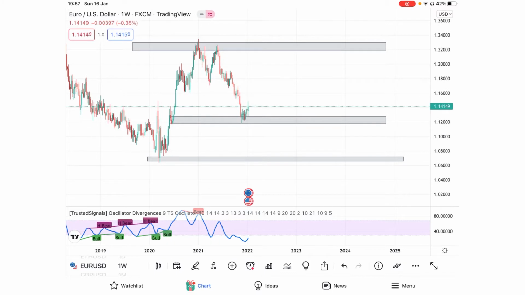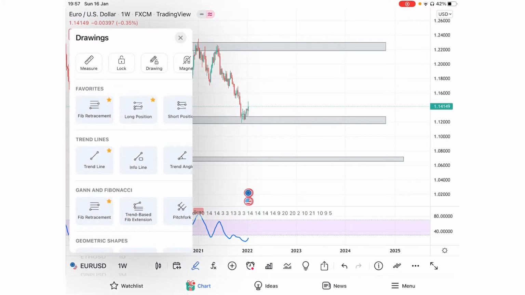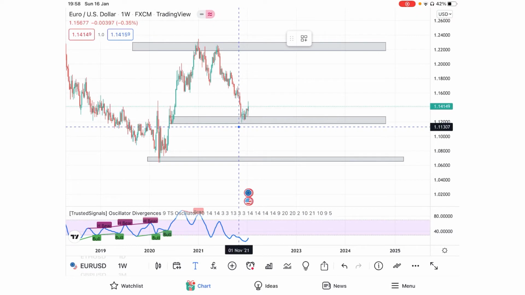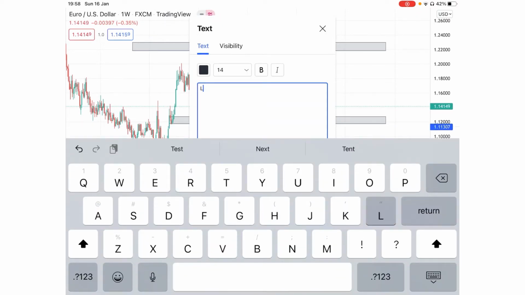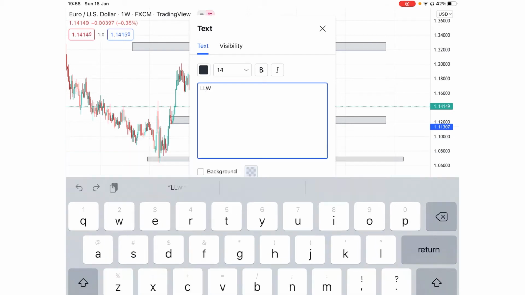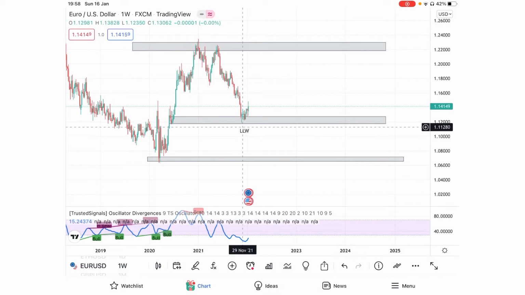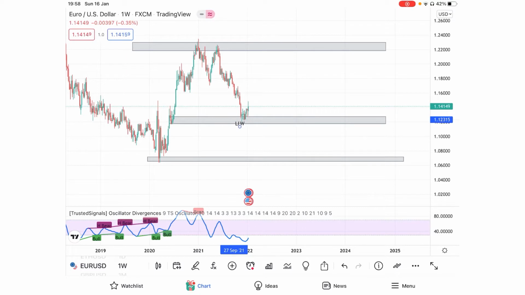So this right here would be a lower low. What I like to do is put a lower low and a W to know that it's from the weekly time frame. I would like to put it here to keep my weekly bias in mind.